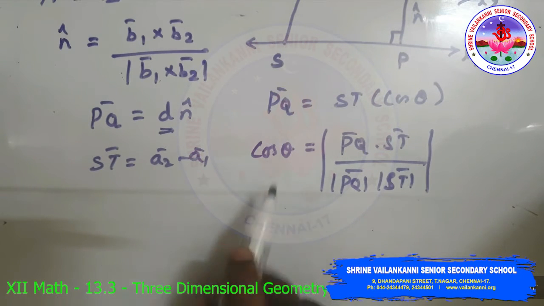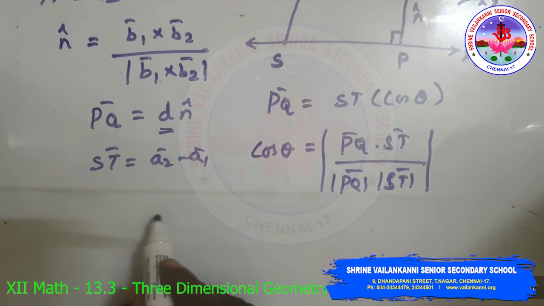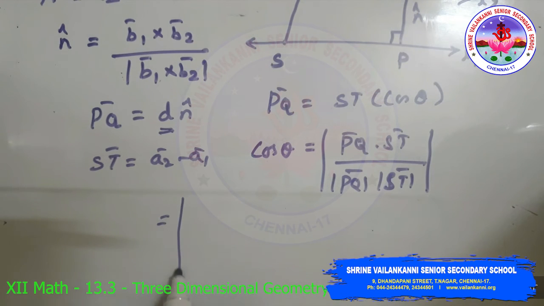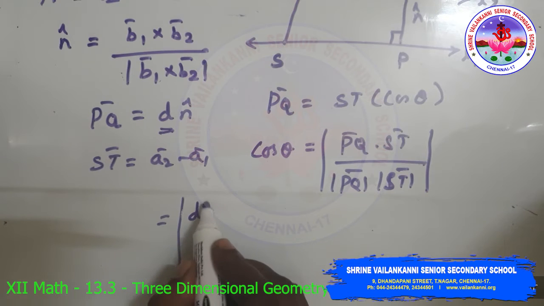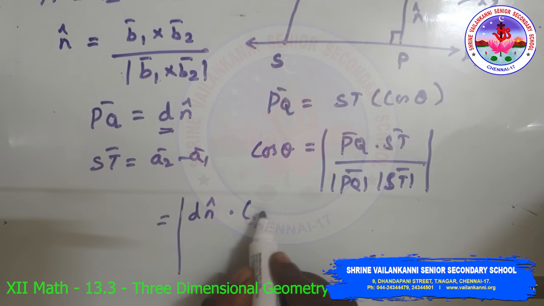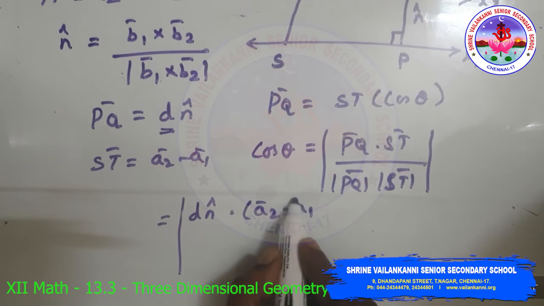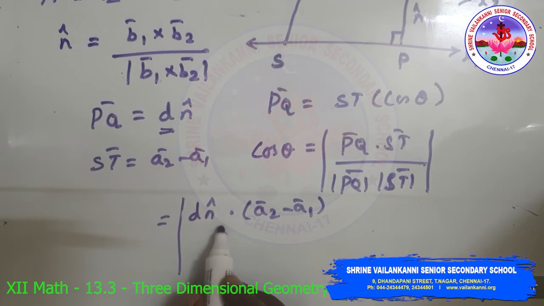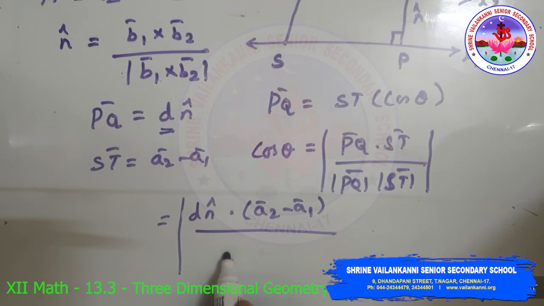Then substituting the values of PQ and ST, we have D into n cap dot a2 minus a1 divided by D into ST.